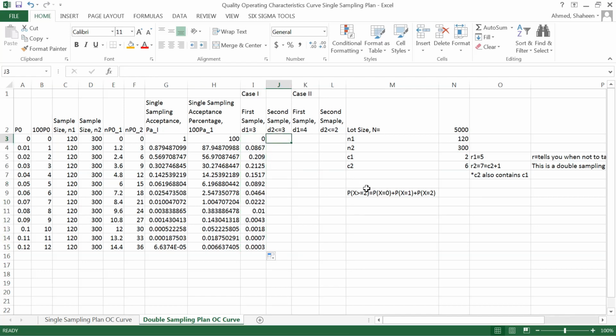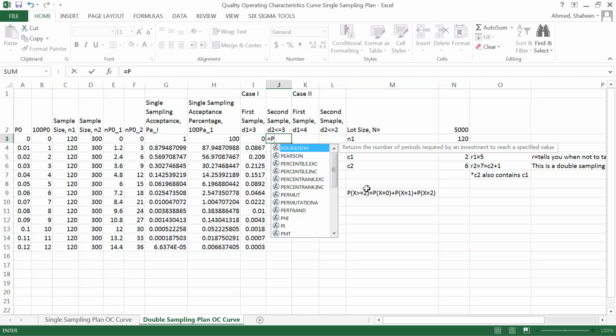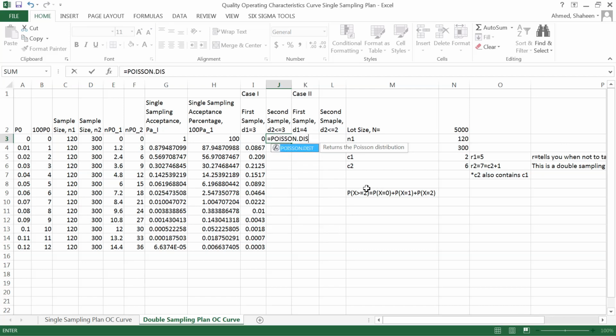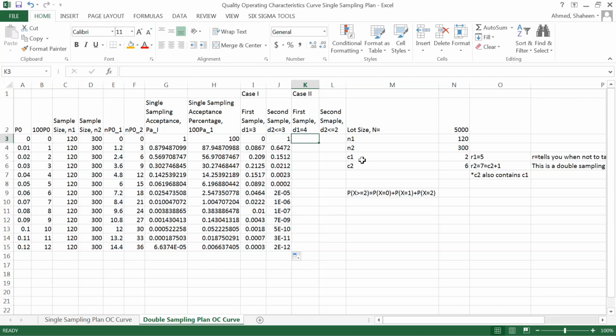Now in the second sample, we are actually calculating cumulative. Poisson.dist. So 3 defective in the second sample. The mean value for the second sample is this, comma, we are doing cumulative, less than or equal to, all the way up to that point. So that is the probability for the second sample.